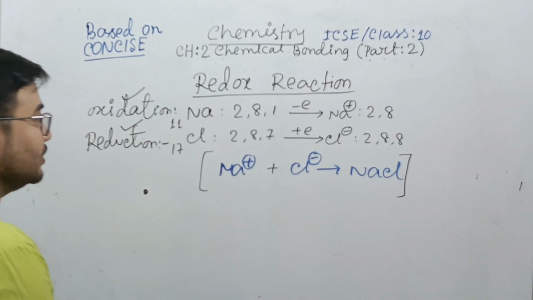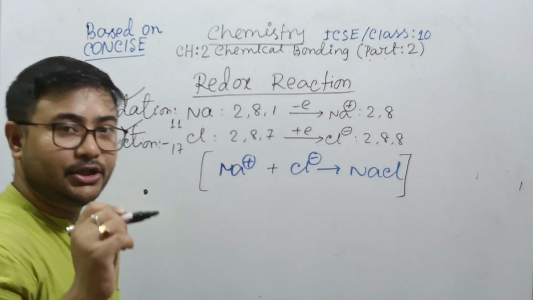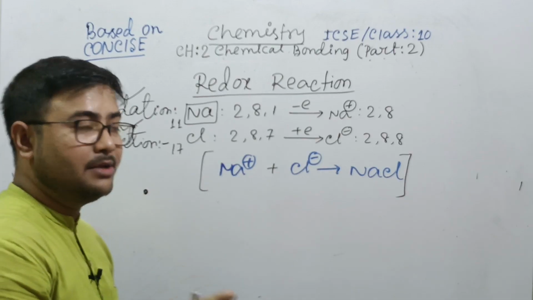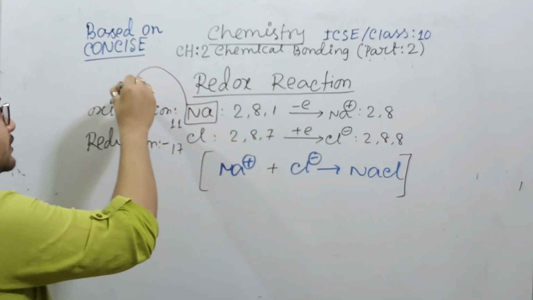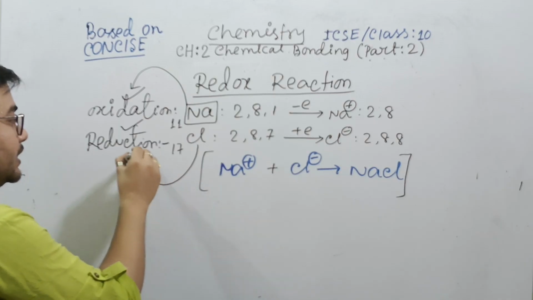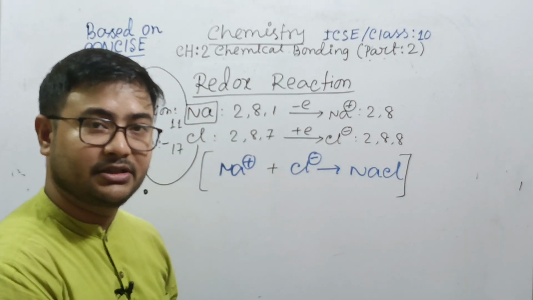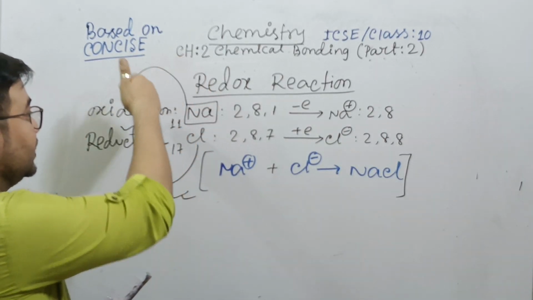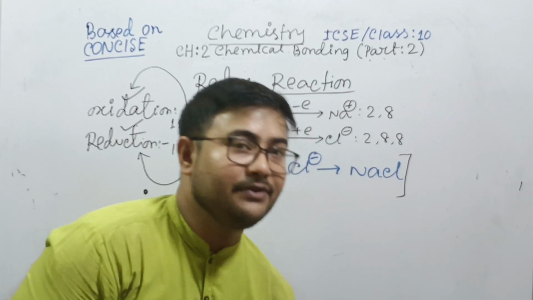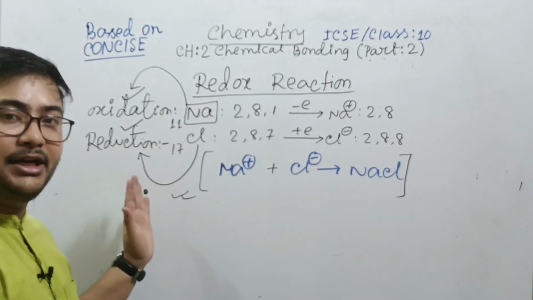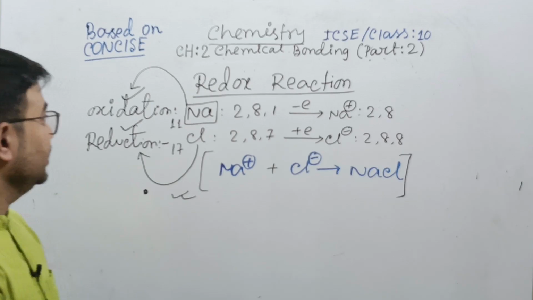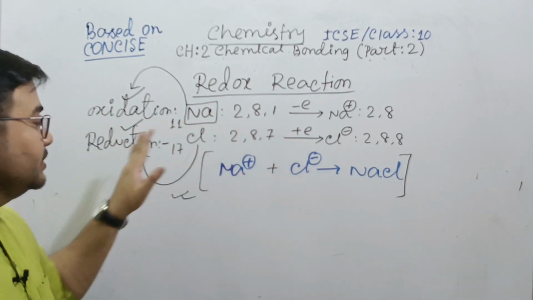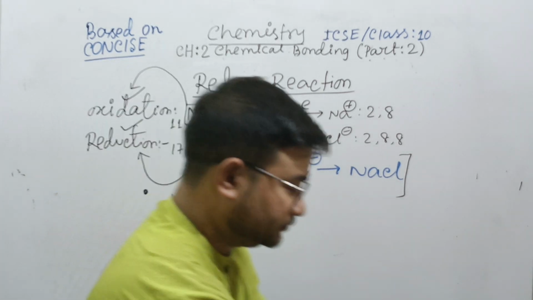So from this concept we can easily conclude: an electropositive element undergoes oxidation, and an electronegative element undergoes reduction. This is the factual point to memorize. Release of electron means oxidation, acceptance of electron means reduction. Okay, done.